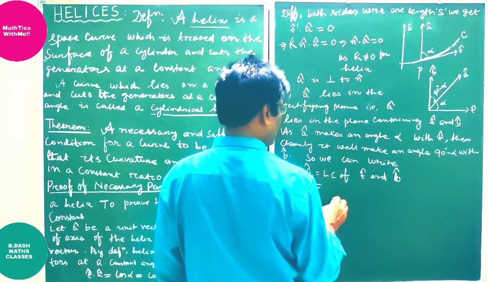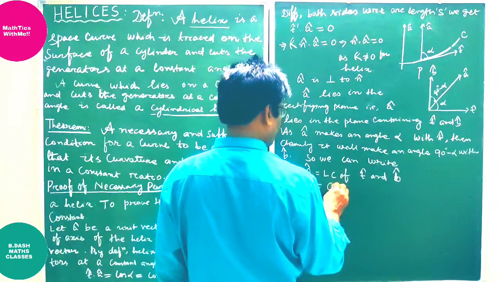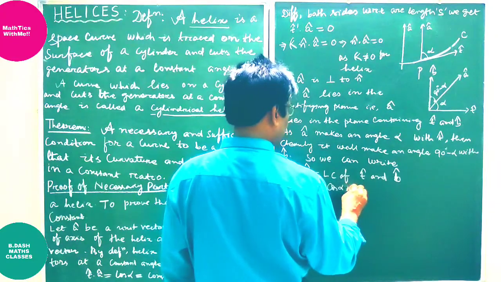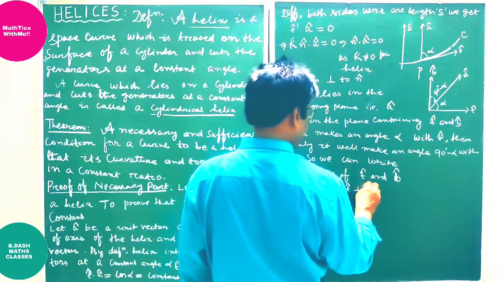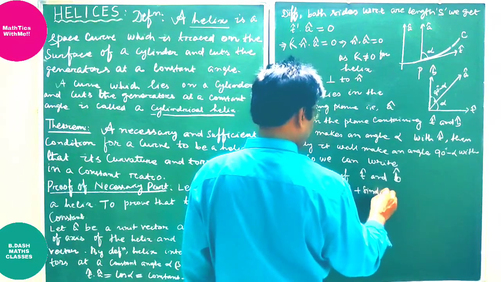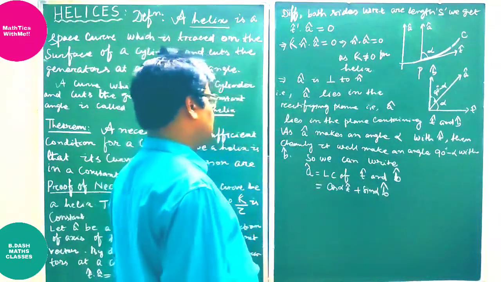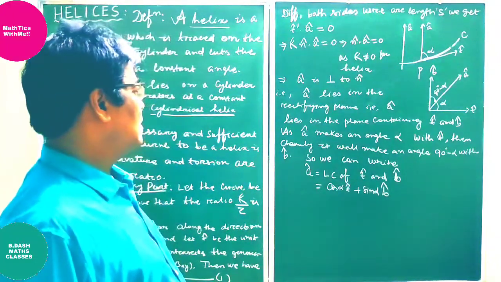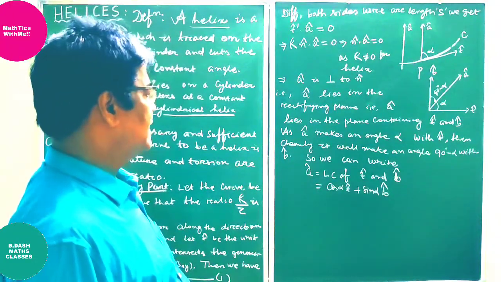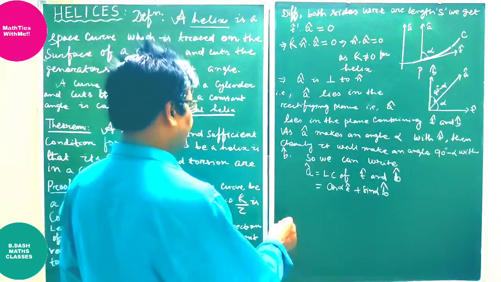That is equal to cos alpha t cap plus sin alpha b cap. So vector a cap is equal to cos alpha t cap plus sin alpha b cap.